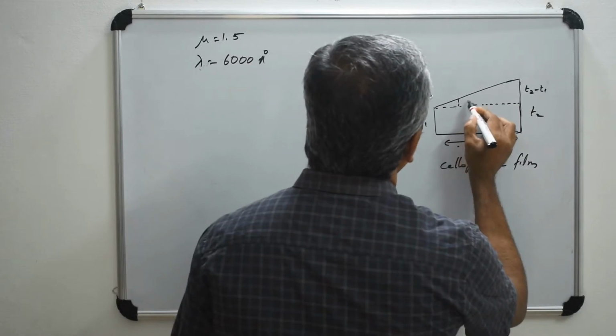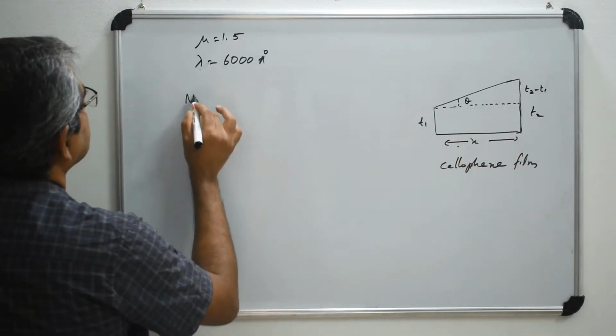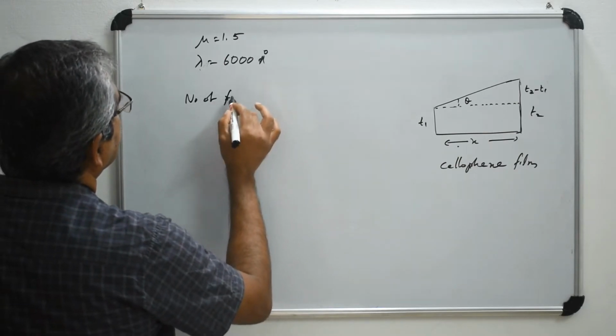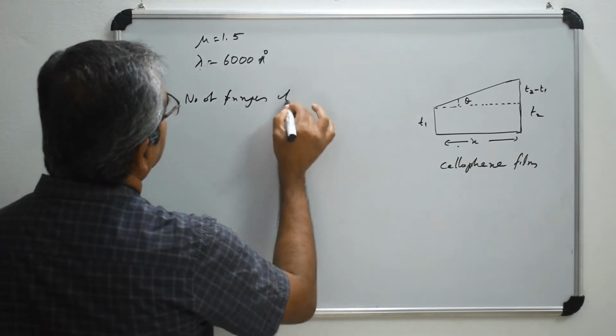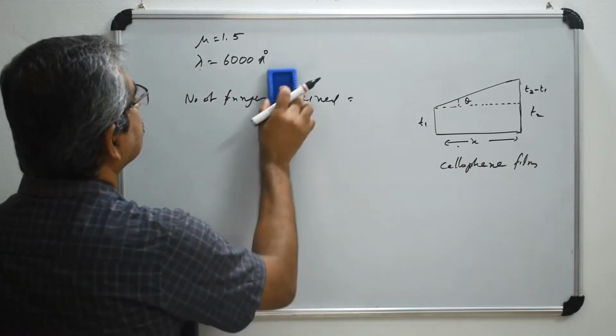Here this is equal to theta. So the number of fringes obtained is equal to 10.